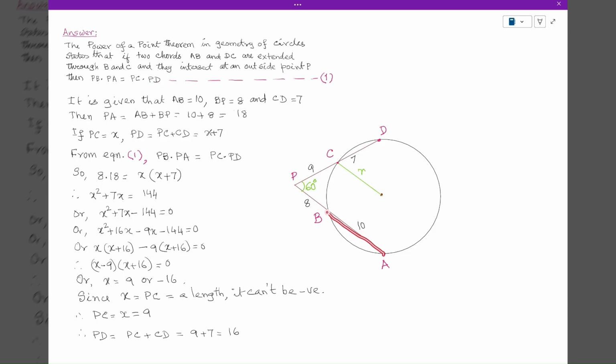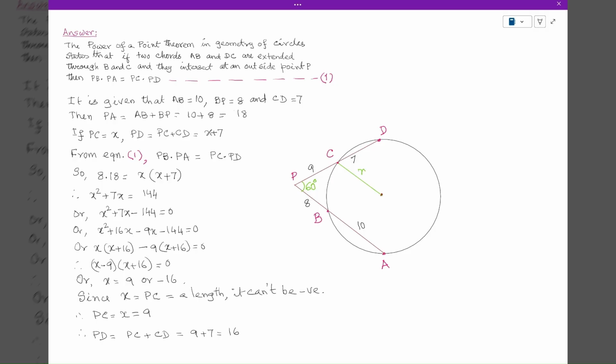These are two chords, they are extended and they meet at a point outside the circle. In that case, PA into PB is equal to PD into PC. This is given by the power of a point theorem. Let us call it equation 1.